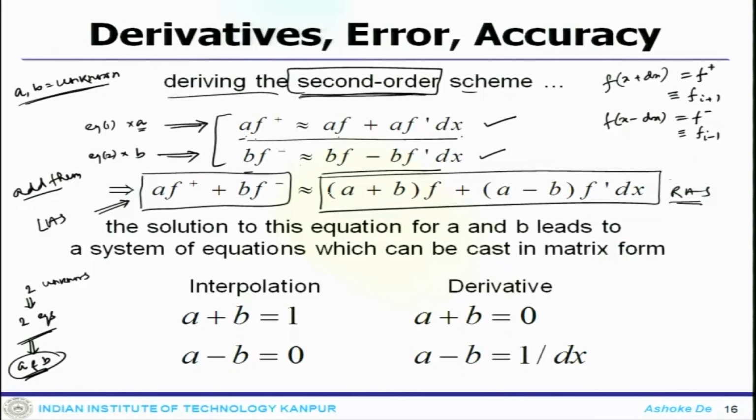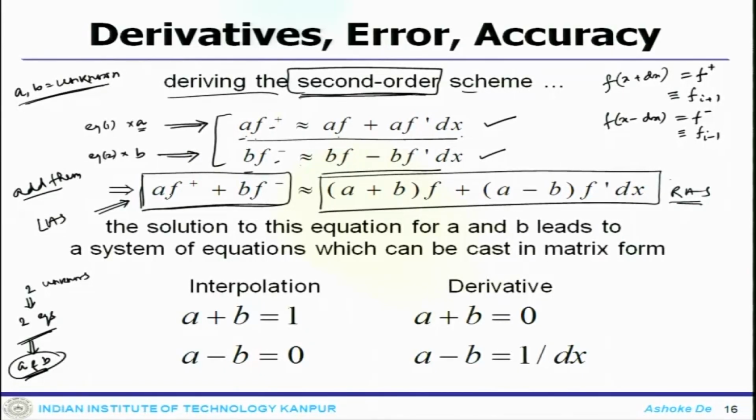One set, you say that I only want the interpolation, I do not want any derivative to be present. That means these functions f plus and f minus, if I want to only calculate the interpolation, then I need to get interpolation between f plus and f minus.